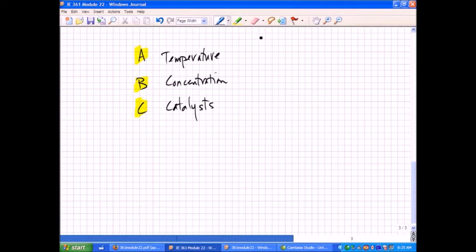It's traditional in this kind of setup, this 2 to the P setup, to talk about a low level. Sometimes people use the notation minus for the low level versus a quote-unquote high level of a given factor, and use the notation plus sign for high level.